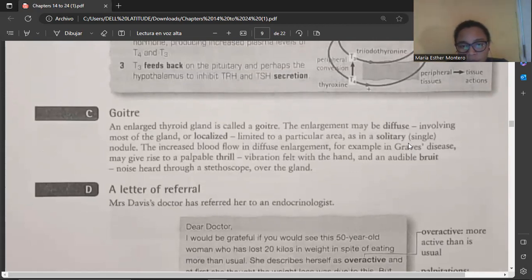The increased blood flow in diffuse enlargement, for example in Graves' disease, may give rise to a palpable thrill, vibration felt with the hand, and an audible bruit, noise heard through a stethoscope over the gland.